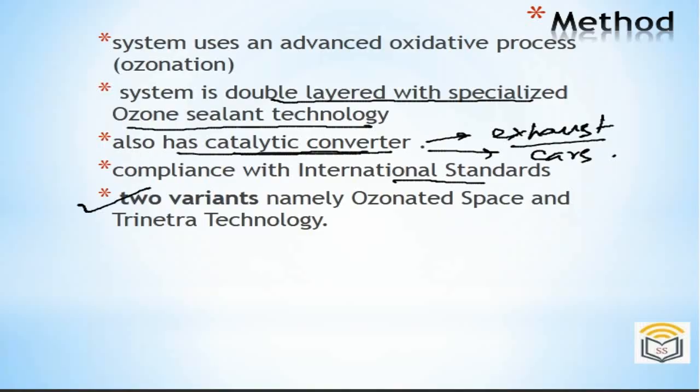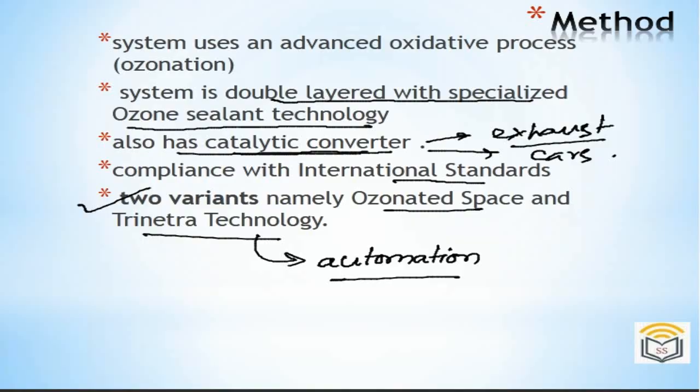There are two variants of this, namely the ozonated space and the Trinetra technology. Trinetra is a combination of ozonated space and radical dispenser. The treatment is optimized with automation, so it automatically performs its tasks for quick disinfection.